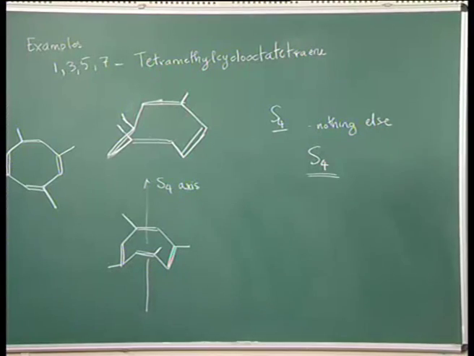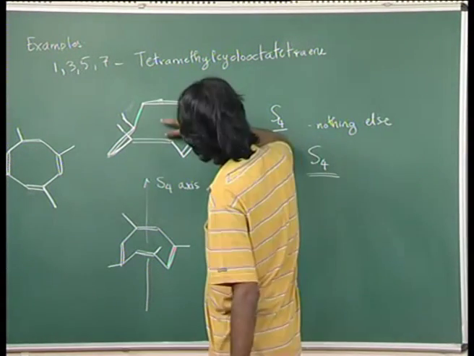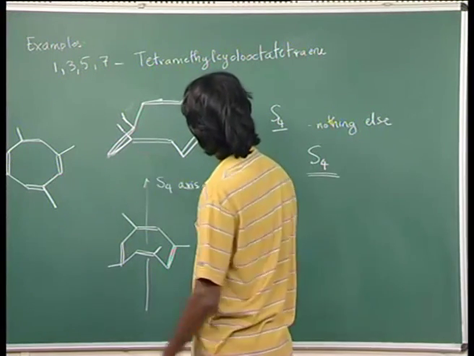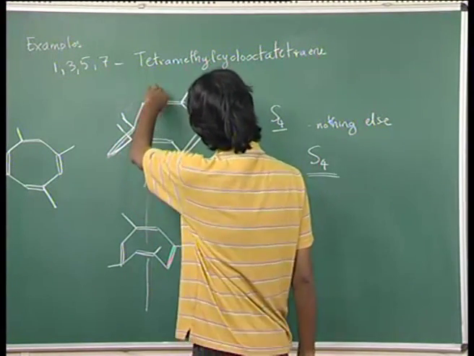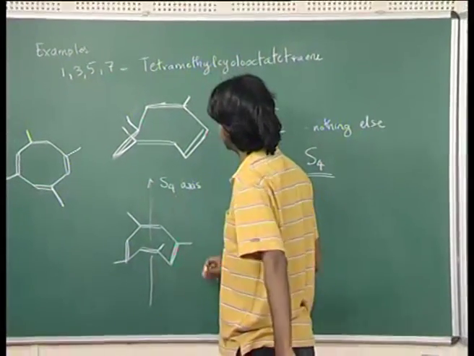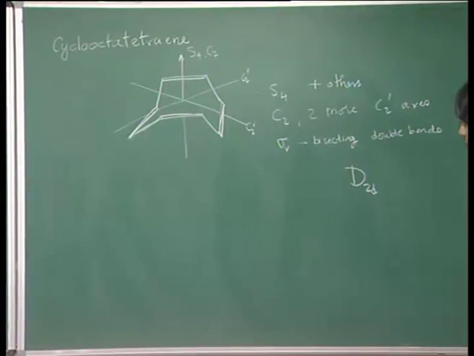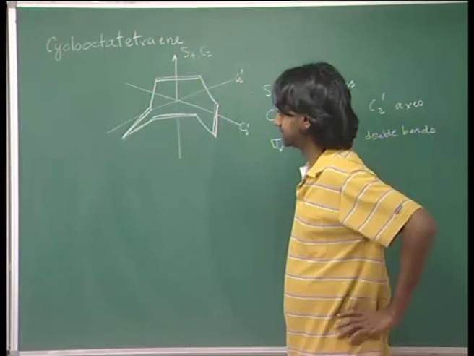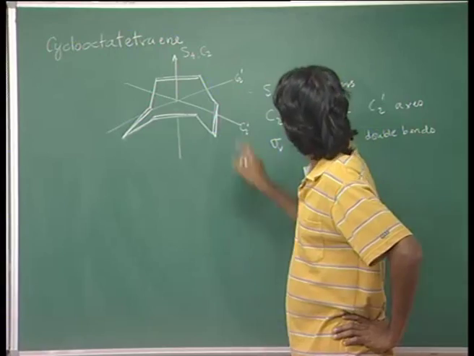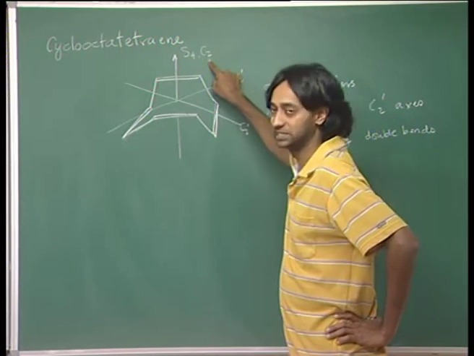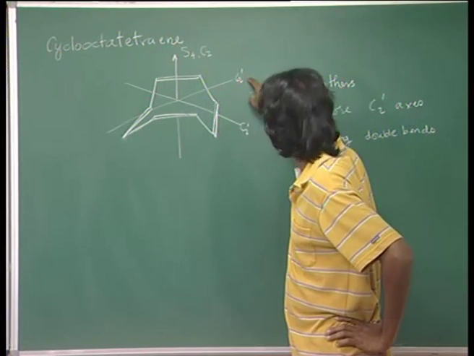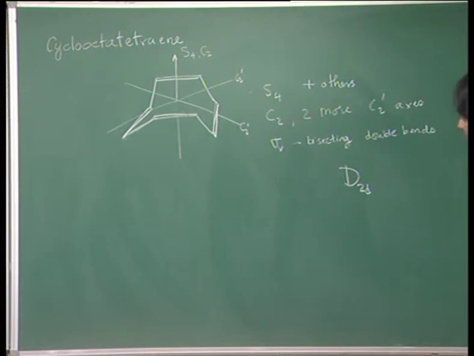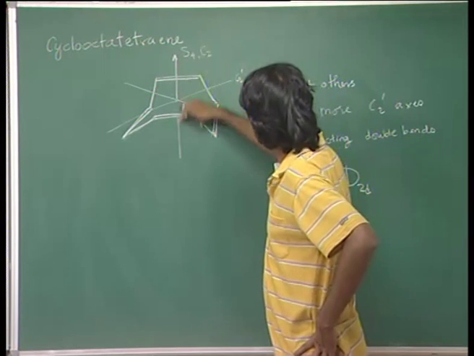Okay. So, for example, if you do a C2 operation on this, then you can see that this will cause these methyl groups to point in different directions. So, if you do not have methyl groups, then this S4 axis is also a C2 axis. In addition, you have these two perpendicular C2 axes, we call them C2 primes, and these are perpendicular to this S4 axis.